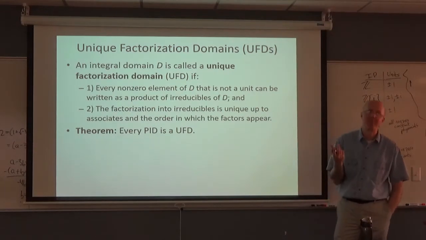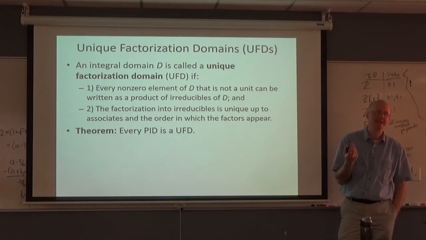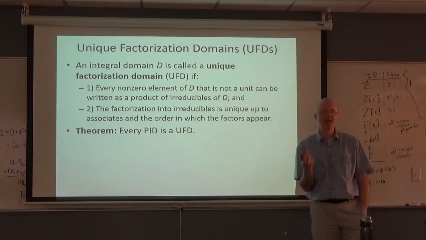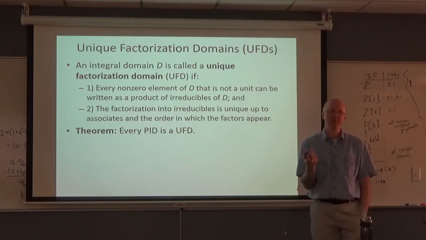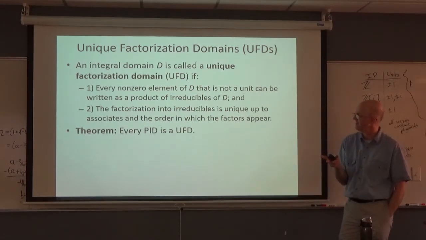It's based on something else that I have not talked about in this chapter, which is actually a big thing. It's called the ascending chain condition. And I don't think I want to talk about that today, but it's based on that.